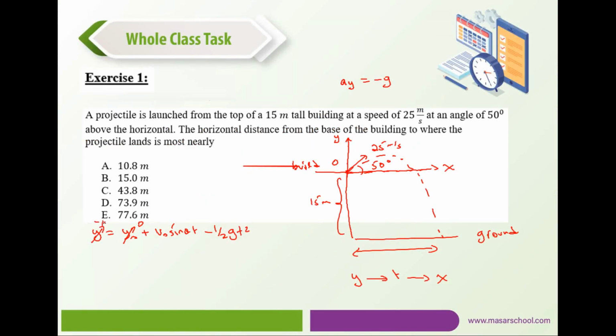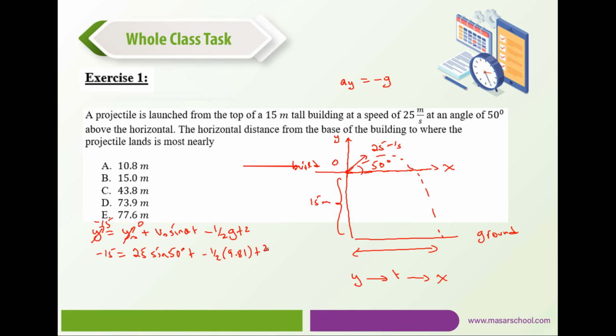The negative 15 equals v0, which is 25, times sine of the launching angle, 50 degrees, multiplied by t, minus half g, which is considered to be 9.81 or 10, times t squared.